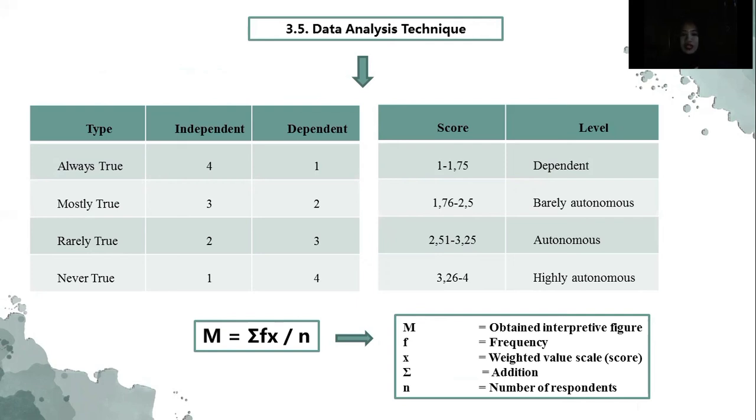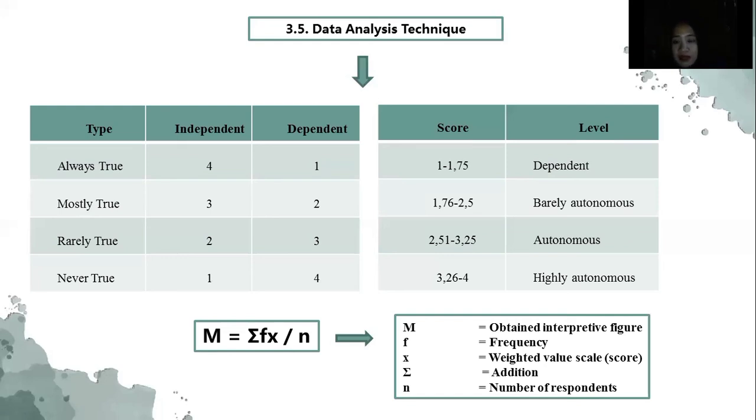And also it is the interpretation of the data. If the level is dependent, the score is 1 until 1.75.